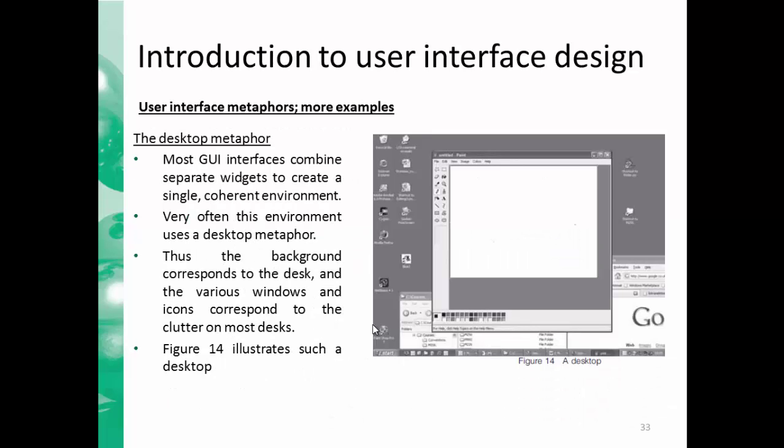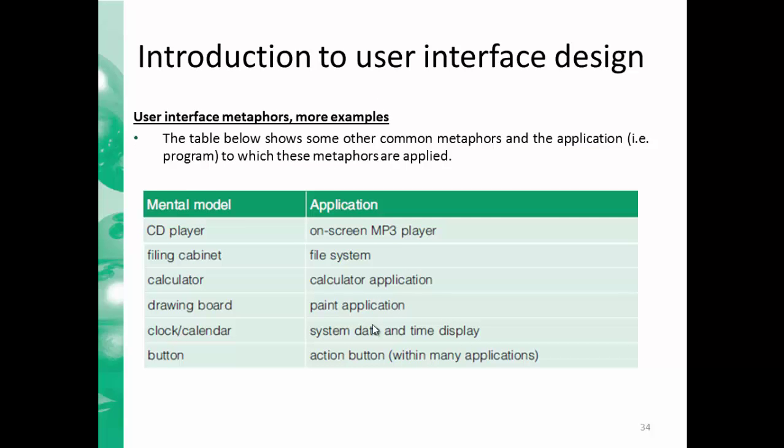More components based on interface metaphors are provided in this example. This table will show us more of these examples and relate drawing board to paint application, calculator to calculator application, filing cabinet to file system, and so on.